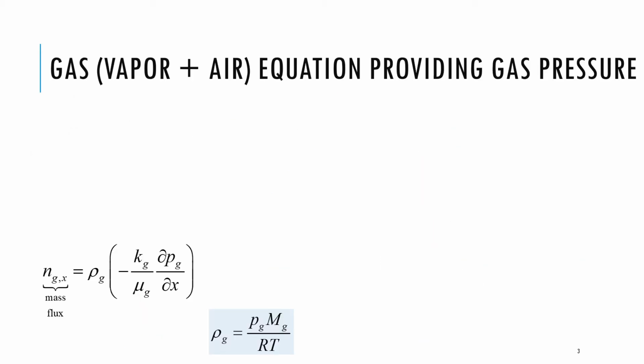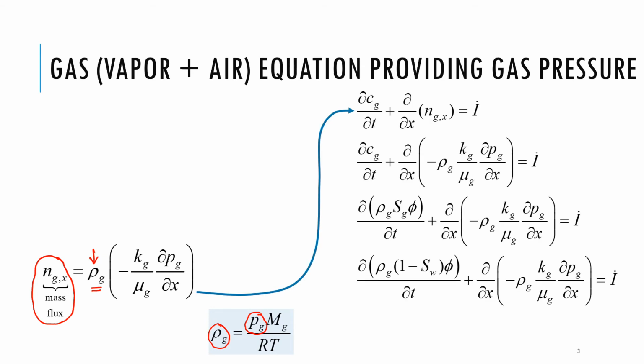So like before, the mass flux of gas, given by the gas density multiplied by the Darcy velocity, is going to be substituted into the gas conservation equation. But before that, note that the gas density here is also related to the pressure.